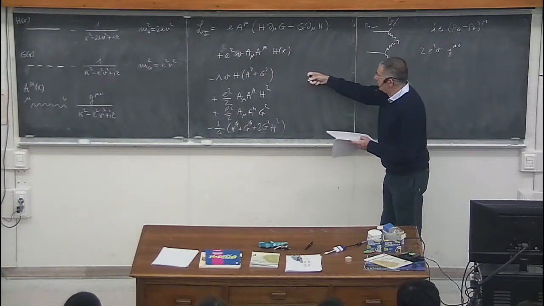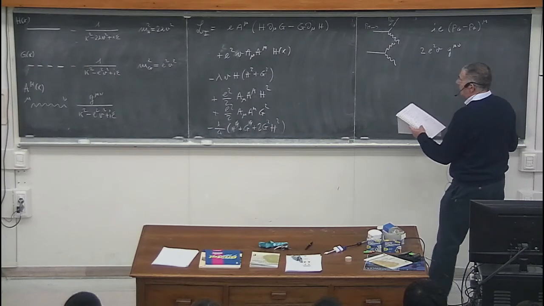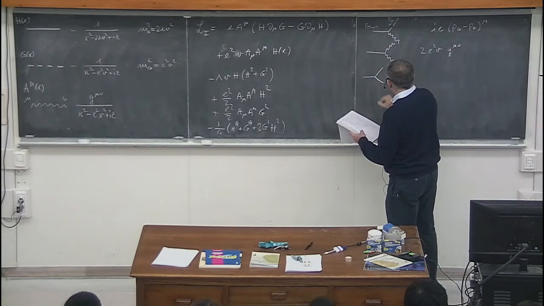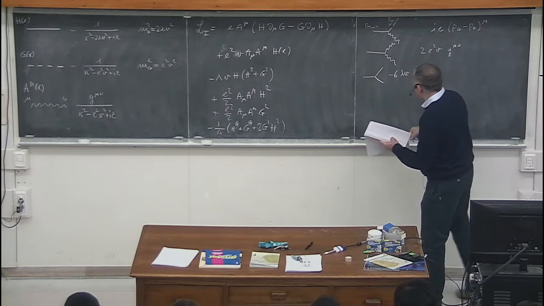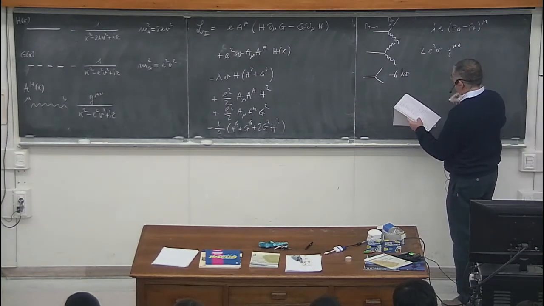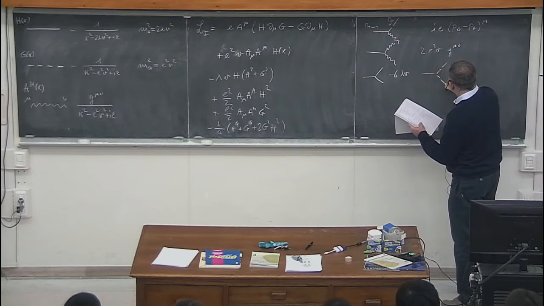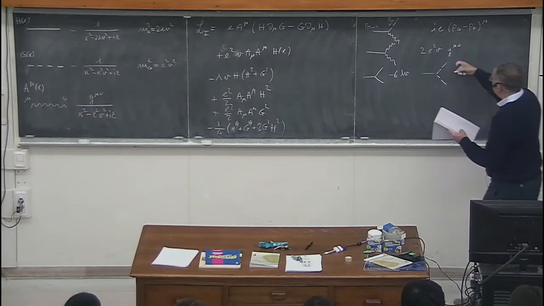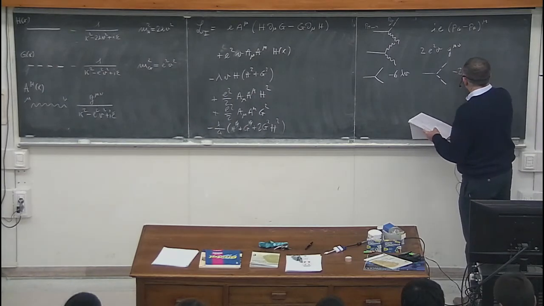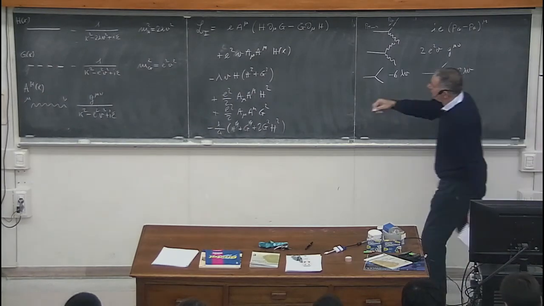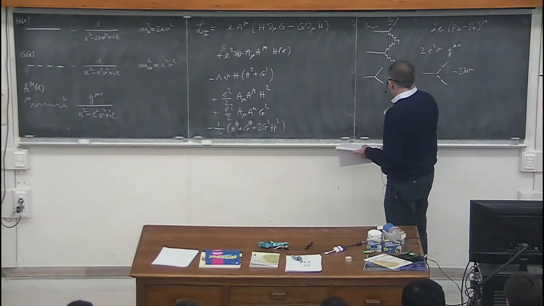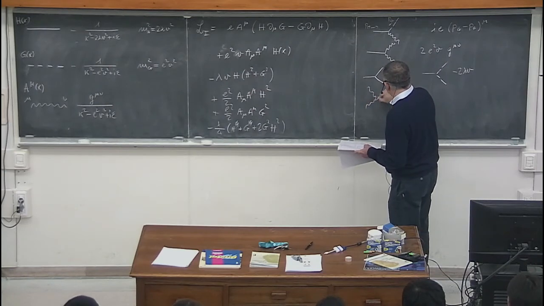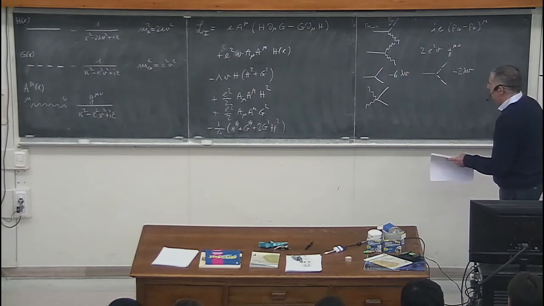Then I have a trilinear vertex like this, which is minus 6 lambda V. 6 is 3 factorial. Then I have a vertex like this, 2 Goldstone and 1 Higgs. This is minus 2 lambda V. The factor of 2 comes from the two possibilities of attaching the two Goldstone lines. Then I have this one, like this.